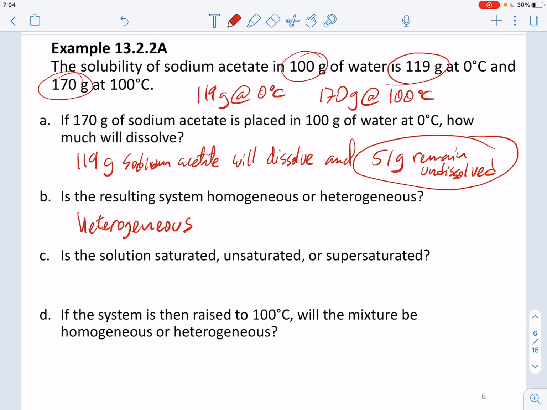Okay? Now, the solution, is it saturated, unsaturated, or supersaturated? Well, if you are at 0 Celsius and you dissolved 119 grams, then you have a saturated solution.